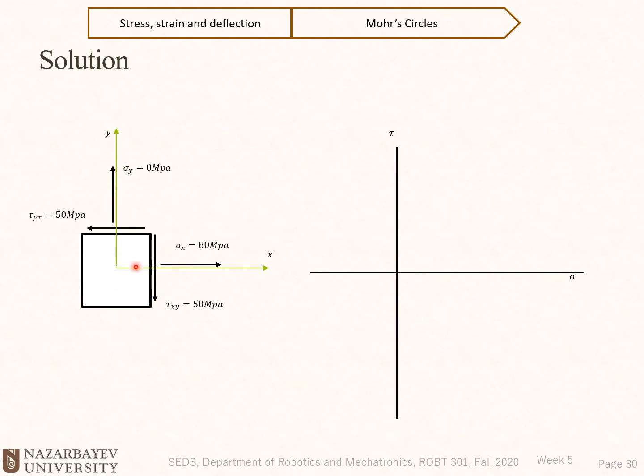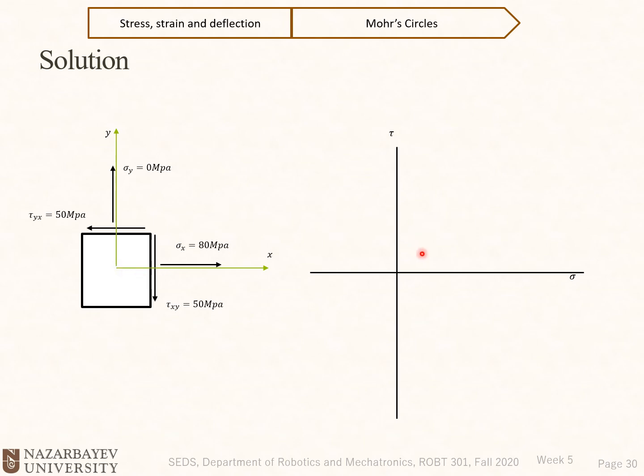Y is negative, or in the opposite direction of the unit vector y or j, so it is negative. So we first need to draw our stress element with sigma x, sigma y, tau xy, and tau yx.